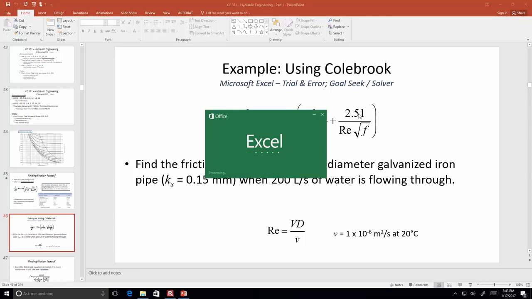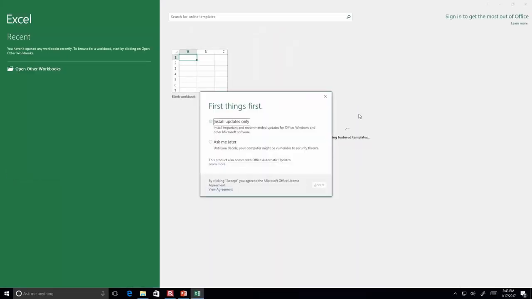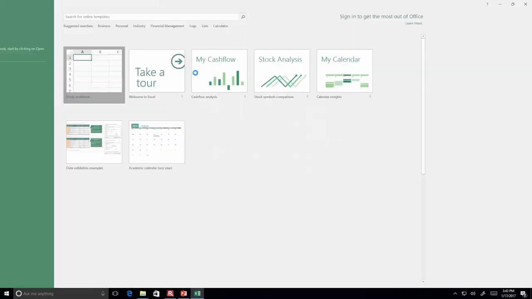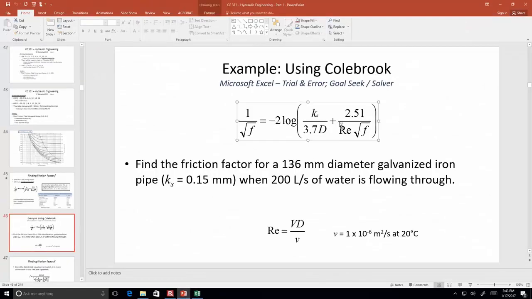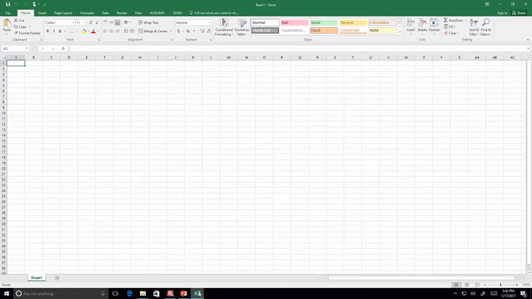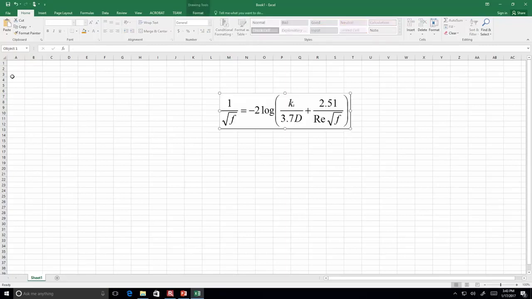I'm going to dim the lights for this one just in case it's easier to see the small type as we go through. All right. For simplicity's sake, I'm going to paste the formula from the PowerPoint into the Excel file just so we've got it as a reference there. All right.